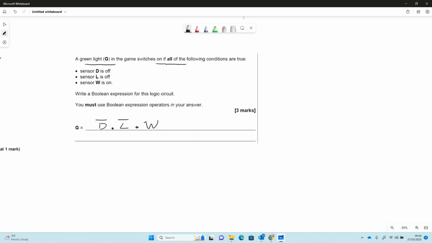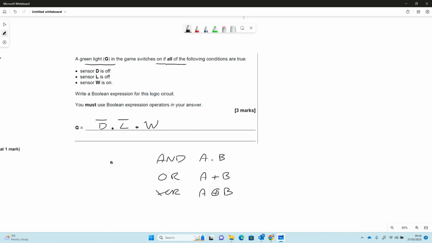So we've used a Boolean expression, so we've used dots for AND. So if we've got AND, we're looking at A dot B. If we've got OR, we're looking at A or B, and XOR, A XOR B, like that.